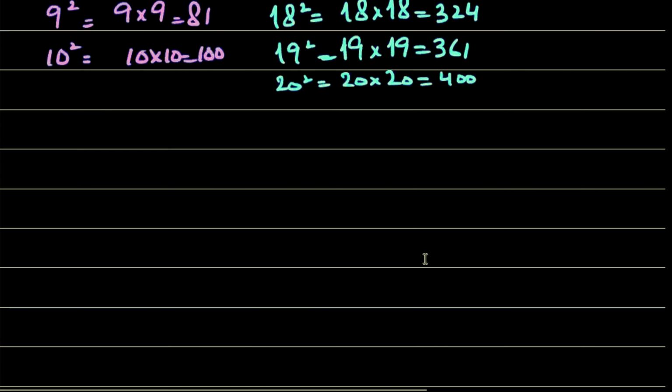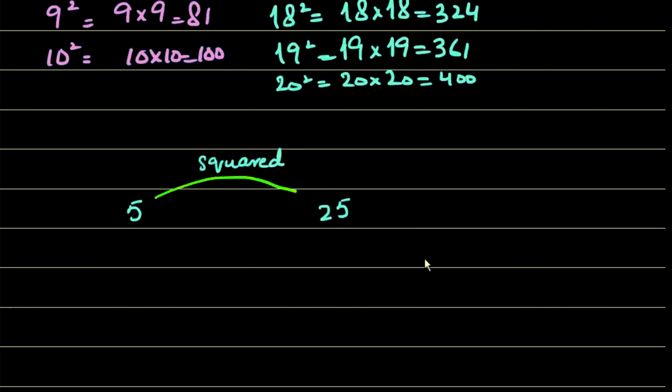I want to show you a relationship of squares and square roots. If we have a number 5, it means 5 square is 25, right? Or you can say square of 5 means 5 into 5, which is giving us 25.